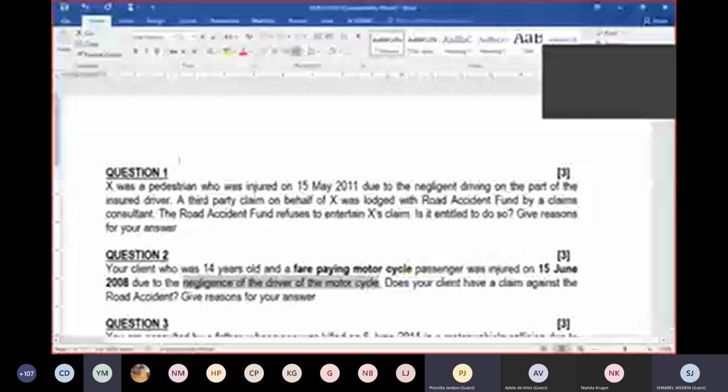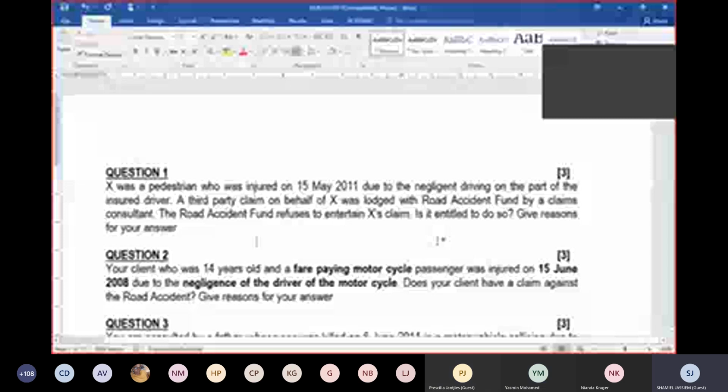I'm now in the exam, so I'm highlighting everything. So it's the old act and it's a minor. Before we get there, let's start with the date of accident. Which act is applicable? The old act. Lovely.